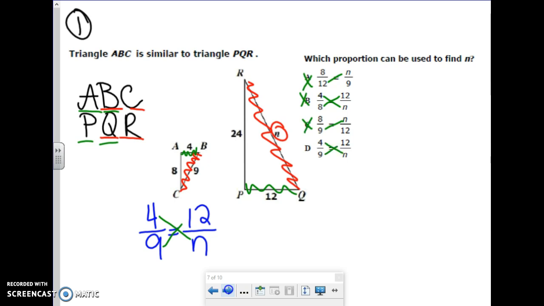Here I have 4 and n and 9 and 12, that does work. Now if we had come across a situation where our proportion was not listed as an answer choice, all you would have had to do is solve for n and then solve each of the answer choices, and either way you still wind up with a correct answer of D.